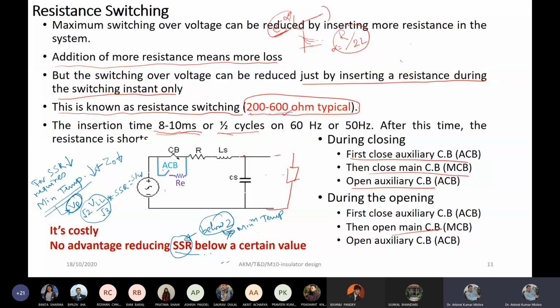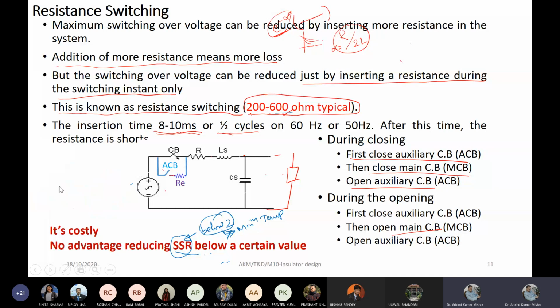And since the temporary over voltage cannot be reduced below 1, and also the same insulator has more capacity to withstand the switching over voltage than the temporary over voltage, therefore a switching surge ratio below a certain value is of no use. If you want to calculate this, I have given you some typical values, so just use those.